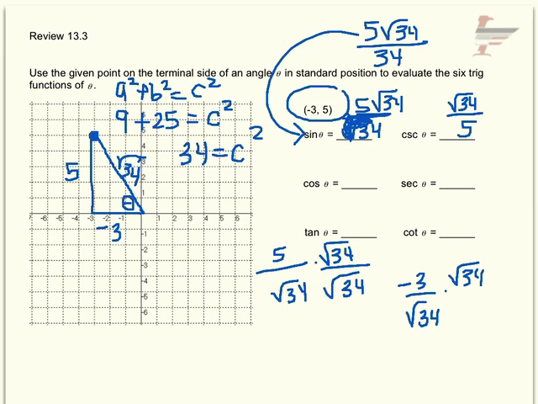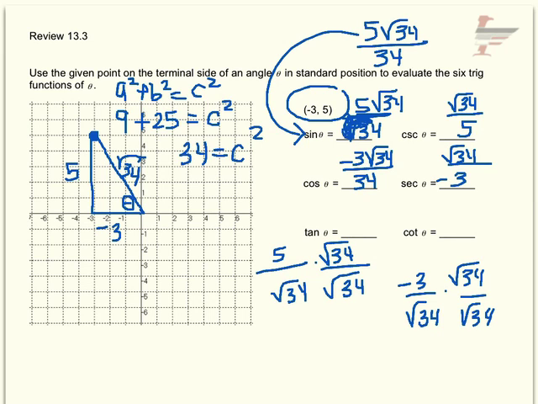So I'm going to multiply by root 34 over root 34, and I get negative 3 root 34 over 34. But now with secant, I'm not going to flip this because then I'm going to end up having to rationalize that again. So I'm going to go back to the unrationalized cosine, and I'm just going to flip that, and then I'm good to go. So it's going to be root 34 over negative 3.